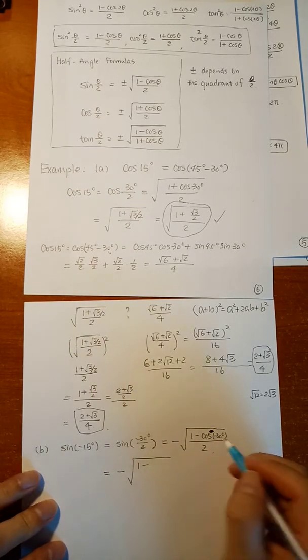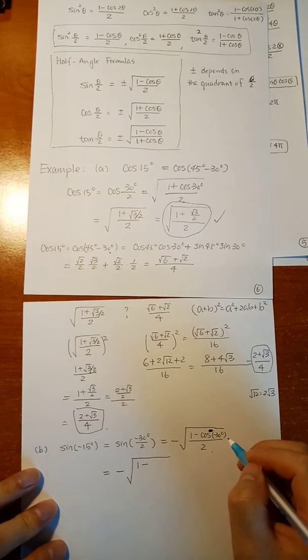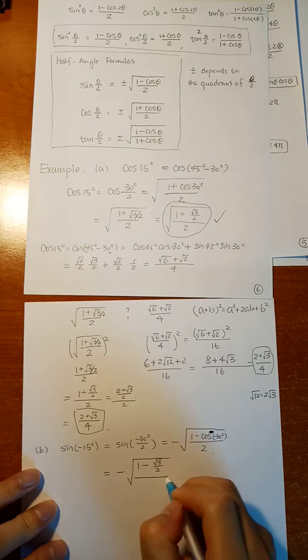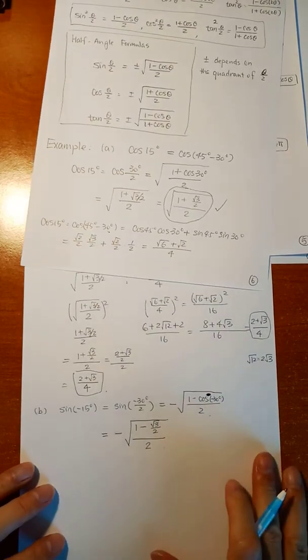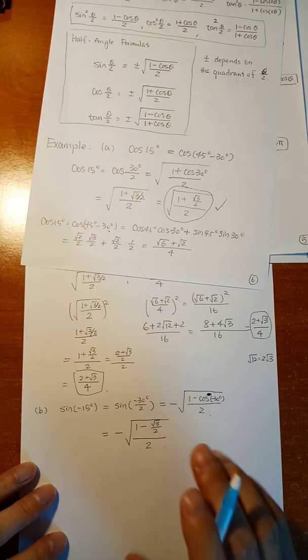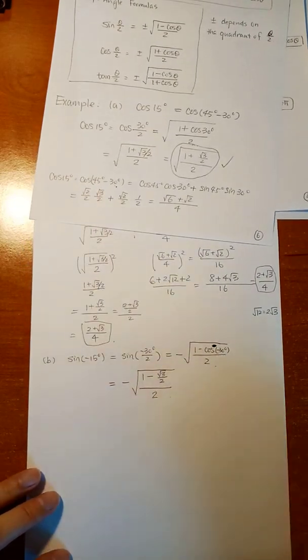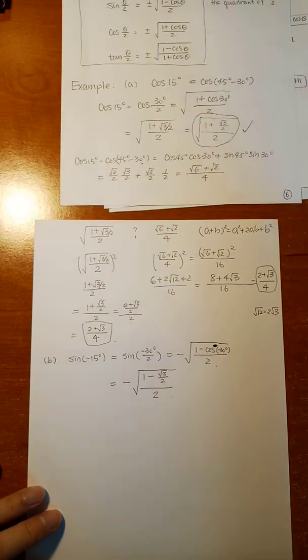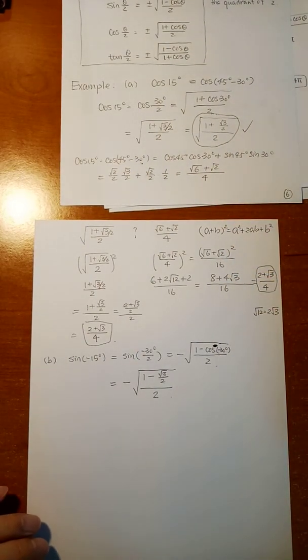Cosine is an even function, so cosine of negative 30 is cosine 30, which is square root of 3 over 2. Okay? So this time, it's like this. Don't simplify. Okay, good.